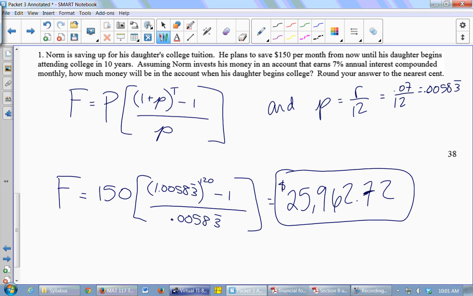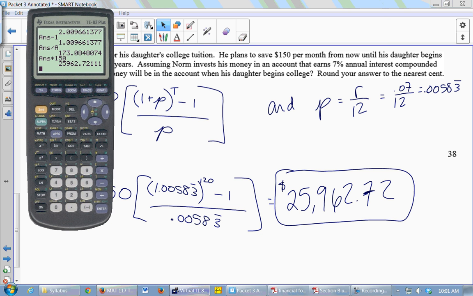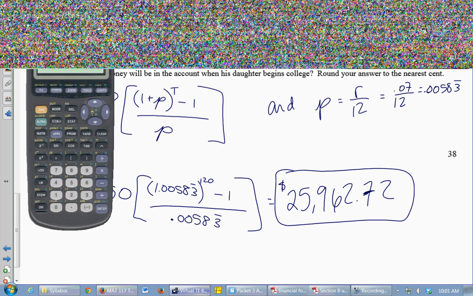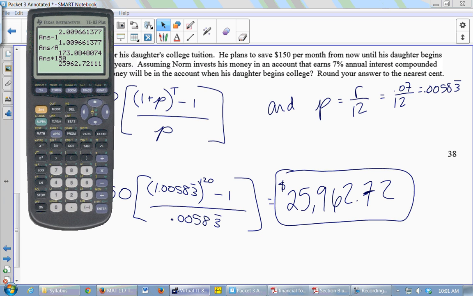Did you round something? What did you round? Definitely the little p. So if you round stuff, you're going to be off. But as long as you did the right procedure, relatively close. I'm $8 off. If it's tested for like $8 off, I might take a point.